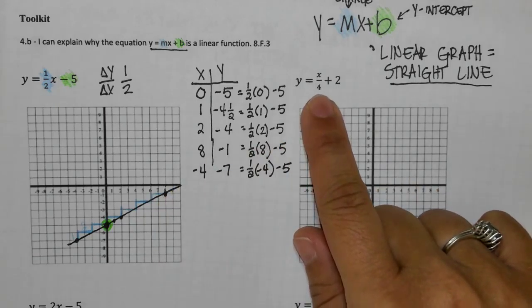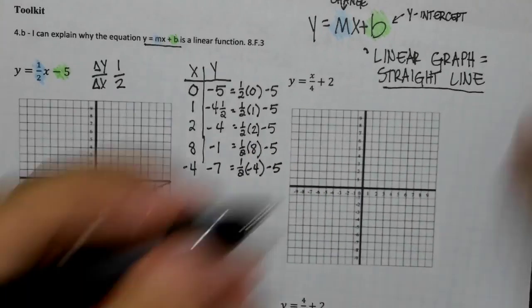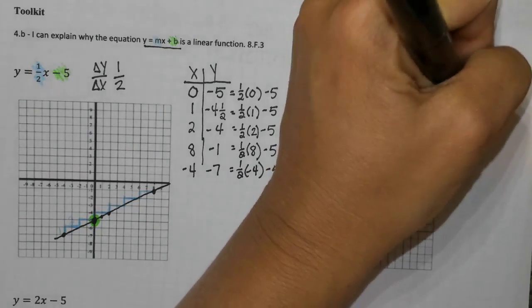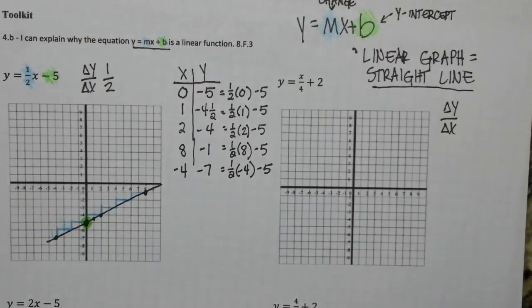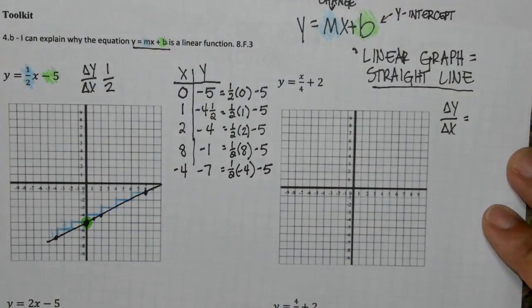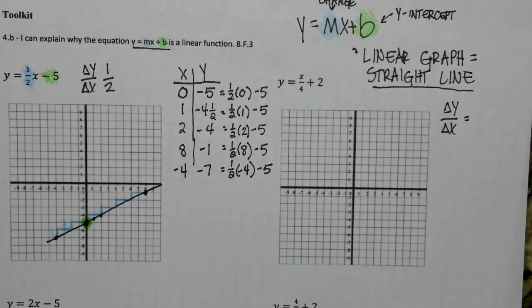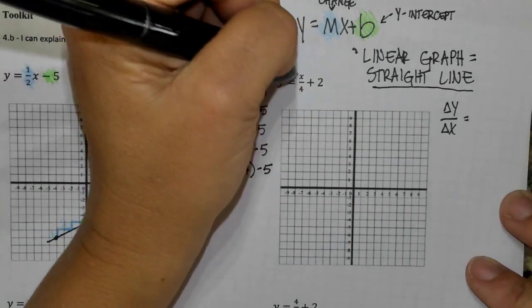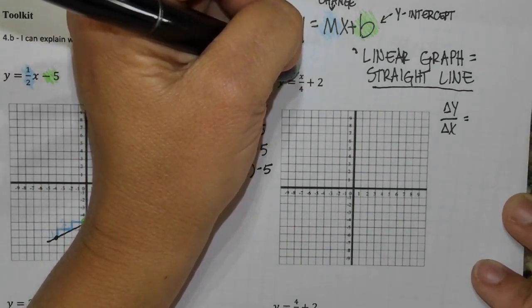So we're thinking, what's the rate of change here? Well, we know rate of change is change of y over change of x, and in this case it says x over 4. Well, what is x? How many x's are there? In this case, there's an invisible 1. It's an invisible 1x.